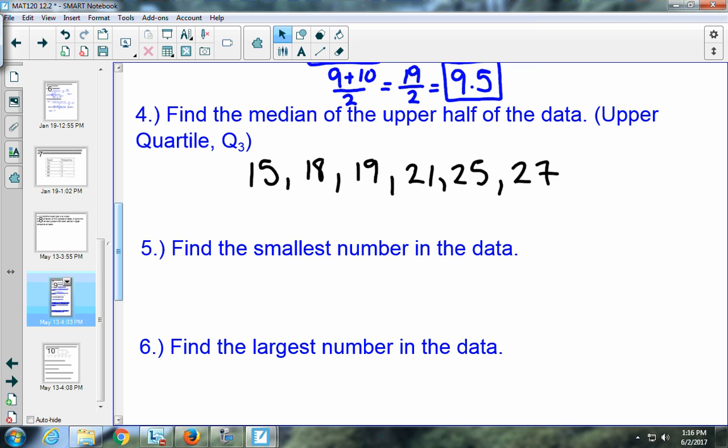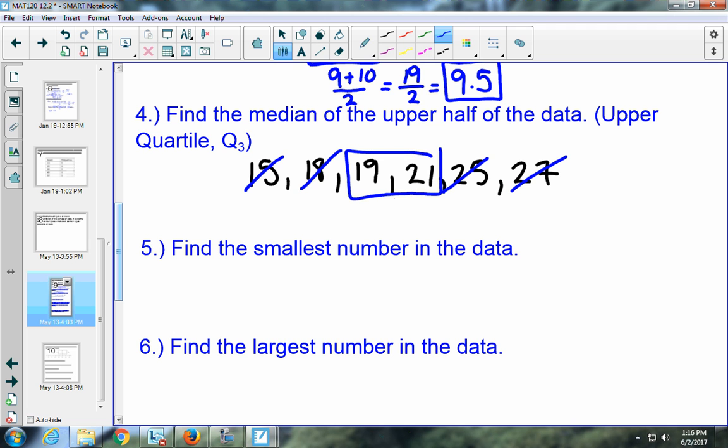Once again, I find the median by finding the number in the middle. We have 2 numbers in the middle again, so we do 19 plus 21 over 2, which is 40 over 2, which gives us 20. That number is the upper quartile, or Q3.